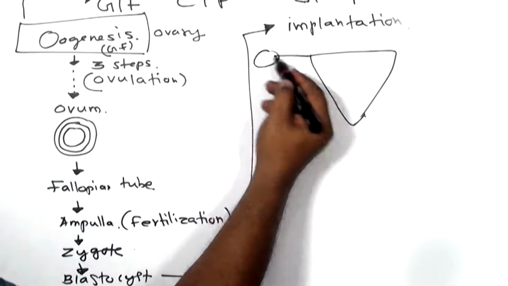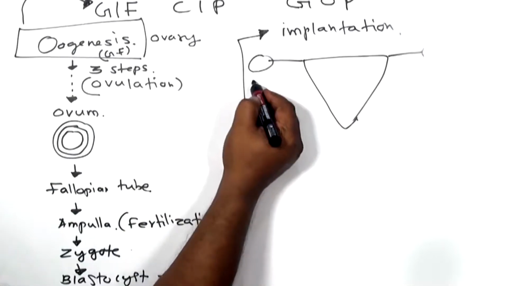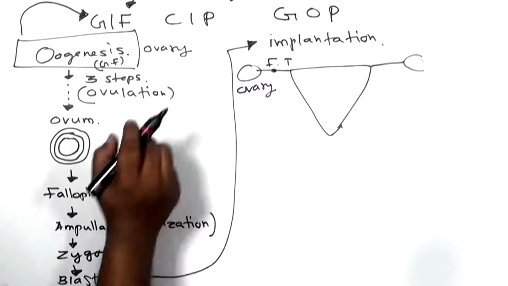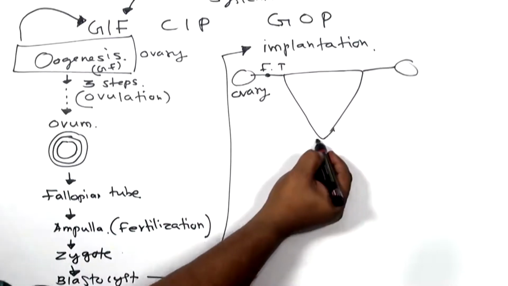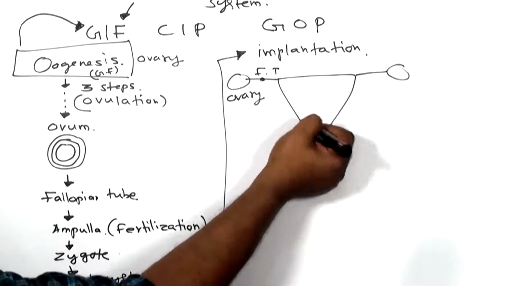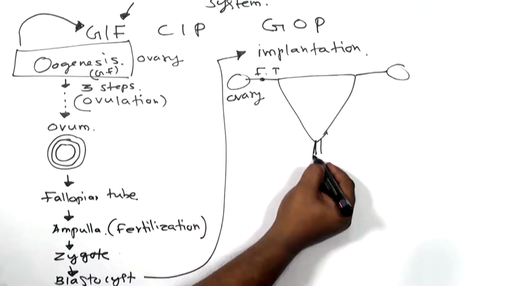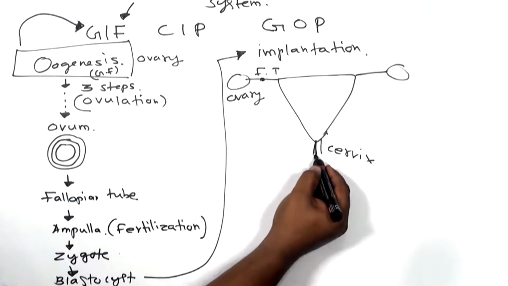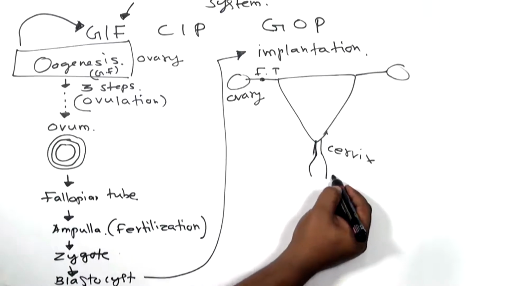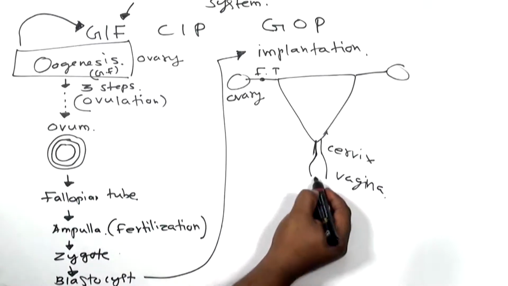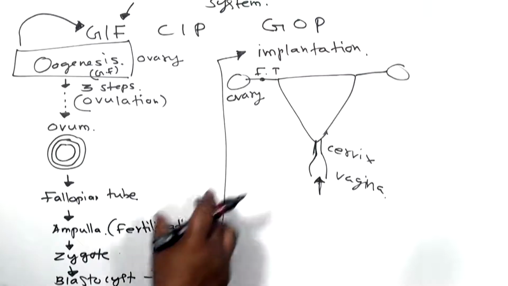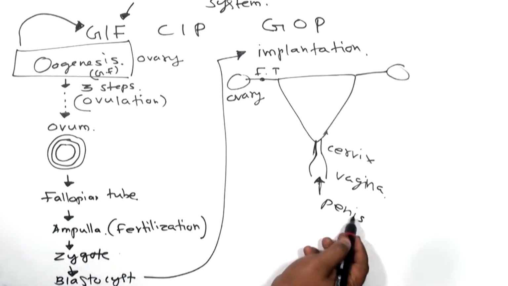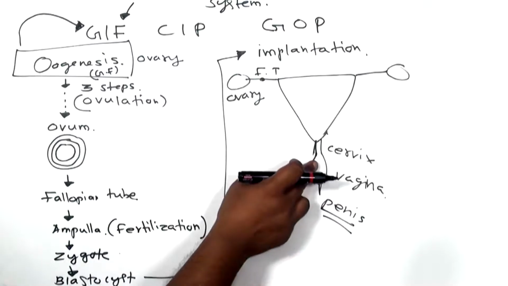Here we can give you some idea: this is the ovary, this is the fallopian tube, this is the ampulla of the fallopian tube, and this uterus is connected by the cervix, and there is another region called the vagina. Intercourse takes place through it. The male external genitalia, the penis, will penetrate and inseminate the sperm.